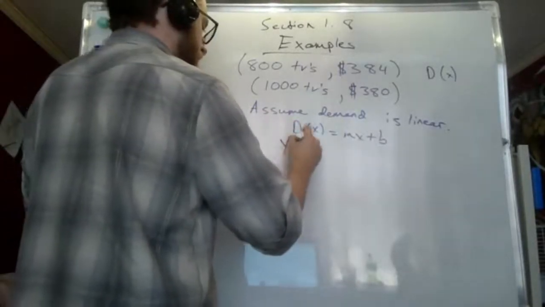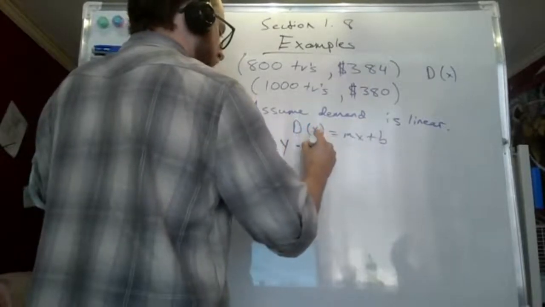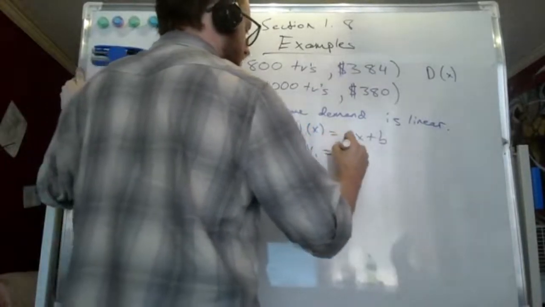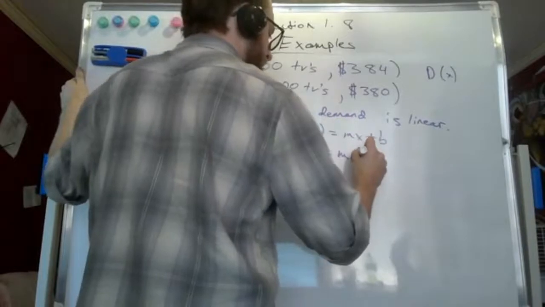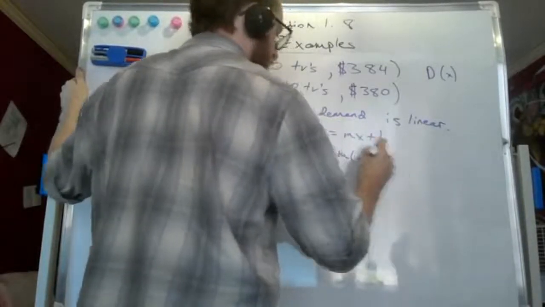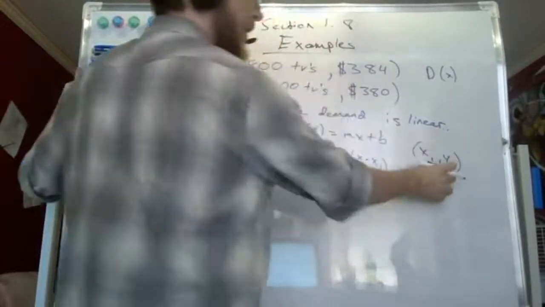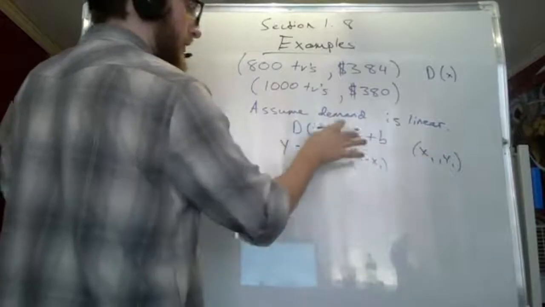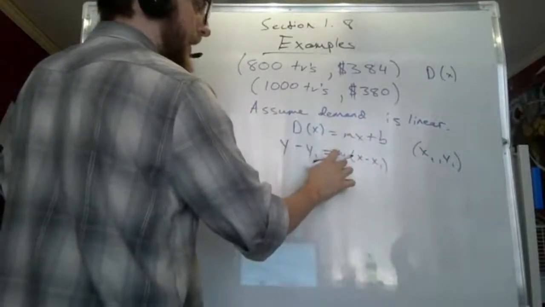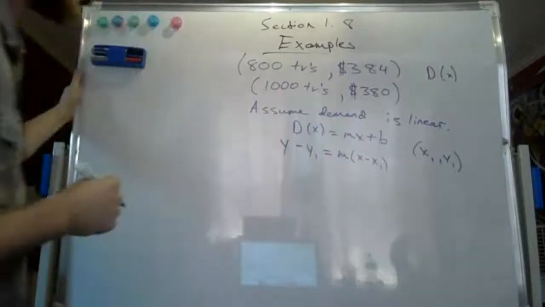Just as a refresher, this is y minus y1 is equal to m times x minus x1, where x1 and y1 are some known point on this line, and m is our slope.